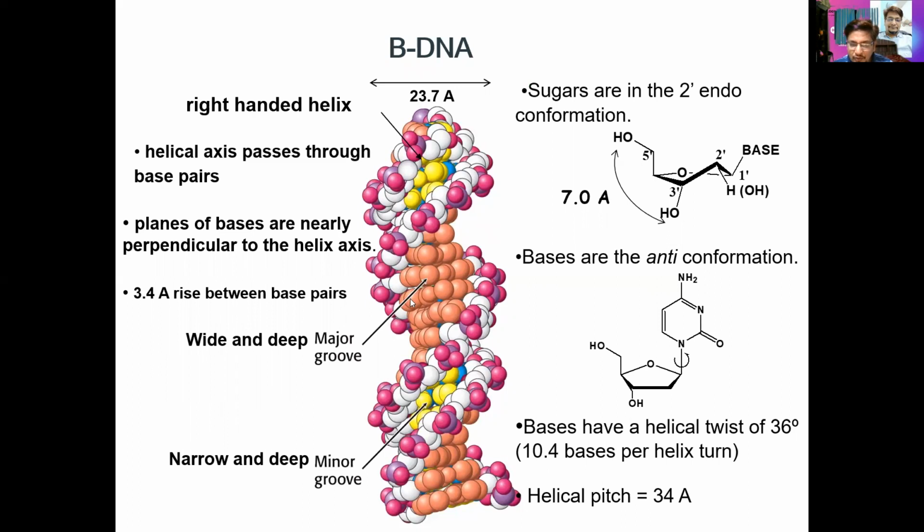The one shown in orange is the major groove, and the one shown in yellow is the minor. So the major groove is going to be wide and deep, whereas the minor groove is going to be narrow and deep as well. And every base will have a distance of 3.4 angstrom. Roughly 10 bases will have 34 angstrom. That helps in the calculation of the length of the DNA.